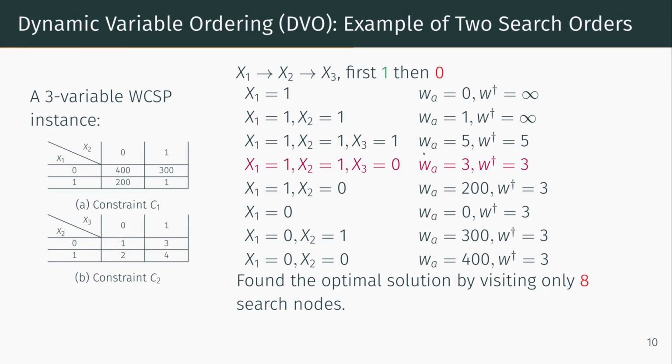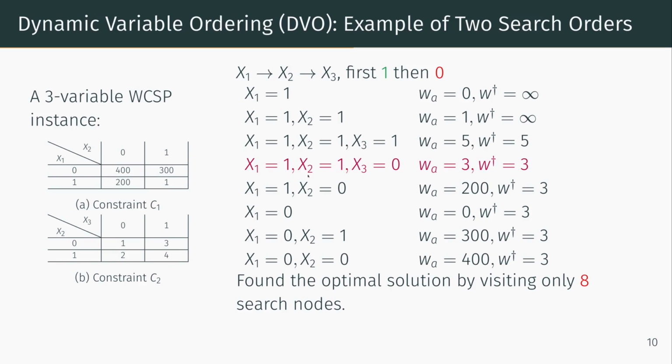Here we have the first complete assignment. We have WA equals 5 and W dagger is updated to 5. Then we go to the next search node, x1 equals 1, x2 equals 1, x3 equals 0. Here we have WA equals 3, and because 3 is smaller than 5, we update W dagger to 3.